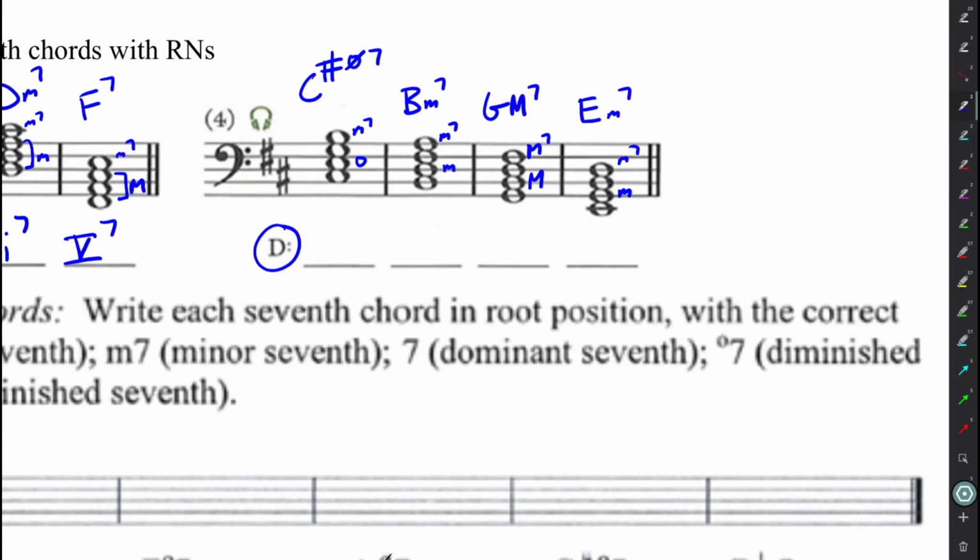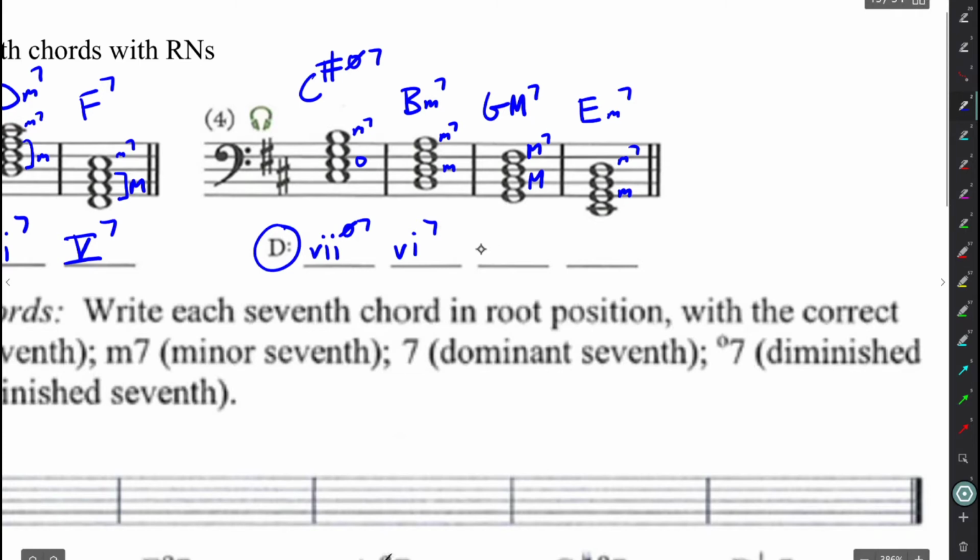And all I have to do now is translate this into Roman numerals. C sharp is the 7th scale degree of D major, so this will be lowercase Roman numeral 7, half diminished 7. Next, B is the 6th scale degree of D. It's minor, so lowercase Roman numeral 6, and just plain 7, since the lowercase Roman numeral signifies the minor.